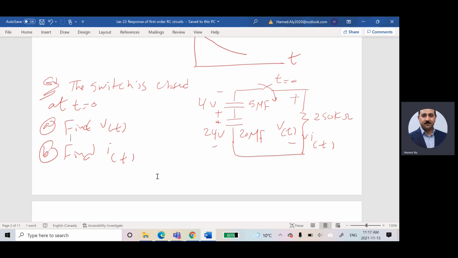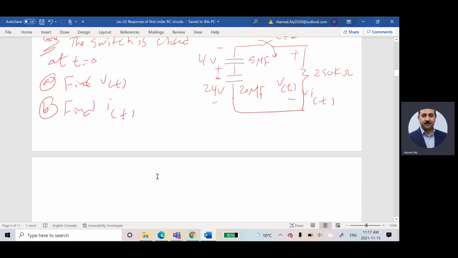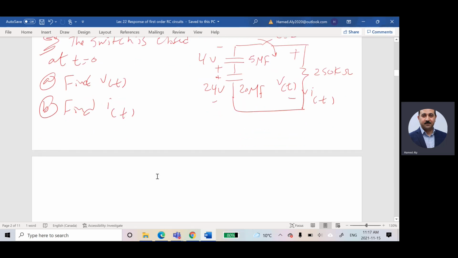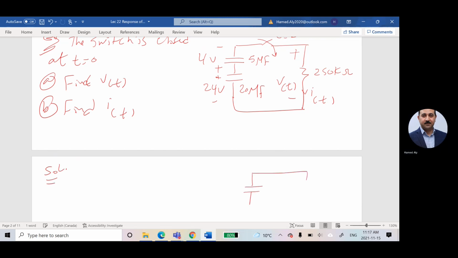So the first step for solving this problem is to convert it to something like that, only one capacitor and one resistor, so 250 kilo ohms. And I have here I of t, and this is V of t. And this will be the total.